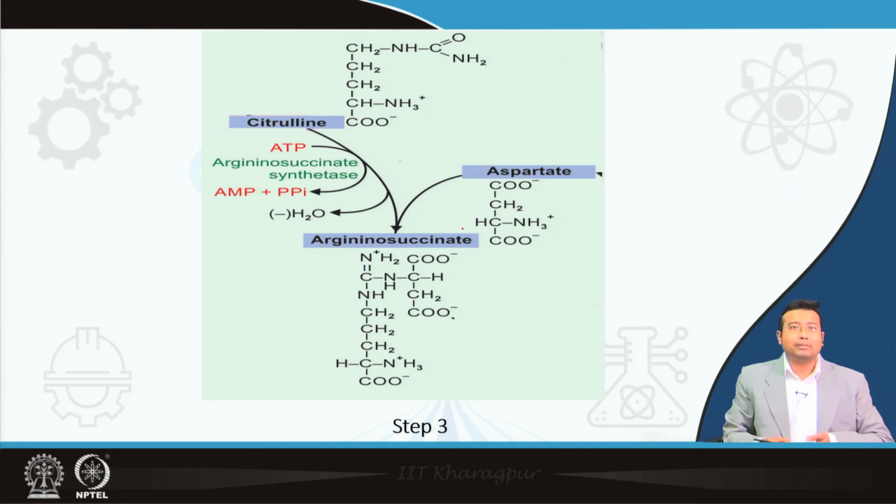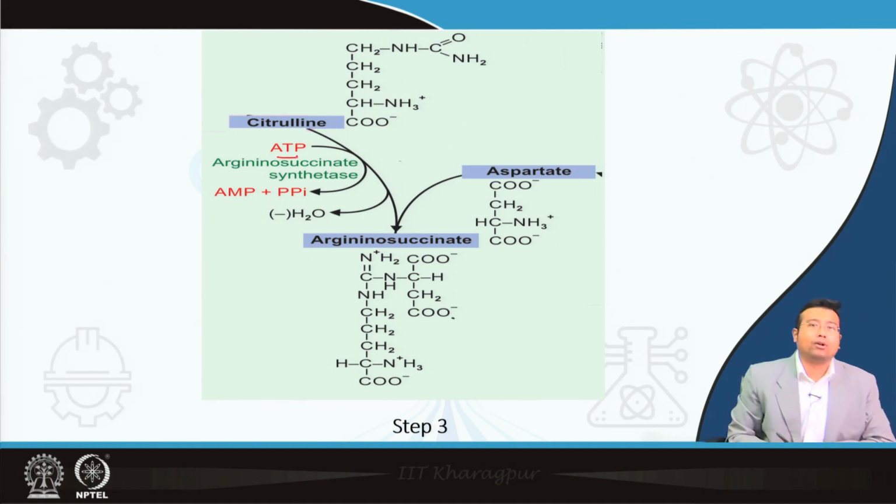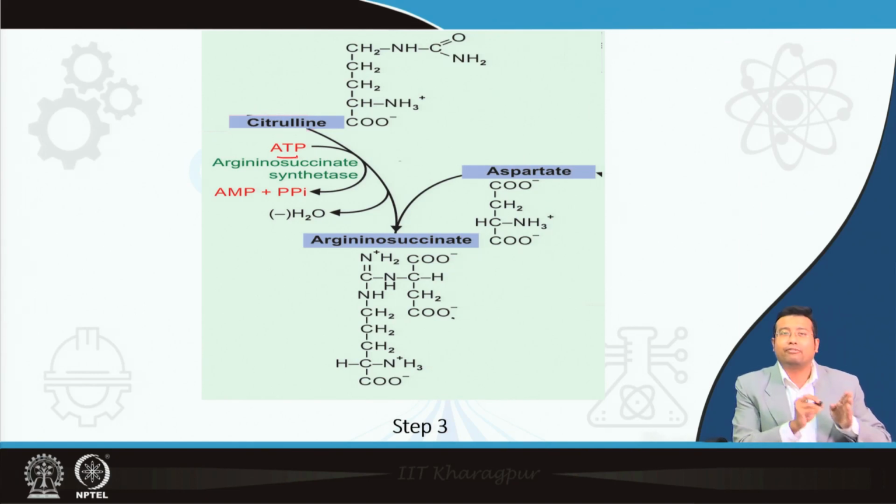In the next step, what happens? Citrulline is converted to argininosuccinate. All right. In this reaction, we need one aspartate. So, basically citrulline combines with aspartate with the help of energy. You see, one ATP molecule is utilized, but it is very important to note, generally we have read ATP is converted to ADP.